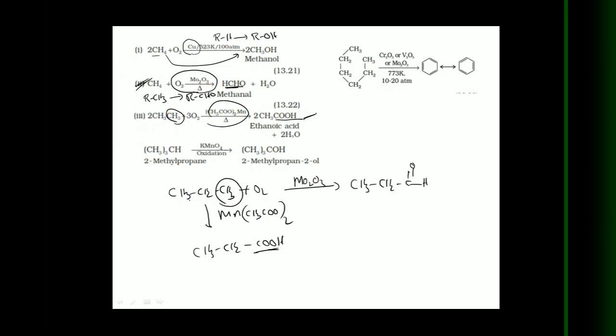Suppose this compound is heated with copper at high temperature and pressure, that hydrogen is converted to OH. That means we can get CH3CH2CH2OH. Propanol is the product. By heating with molybdenum oxide, aldehyde is the product. By heating with manganese acetate, acid is the product. Okay, that's it.